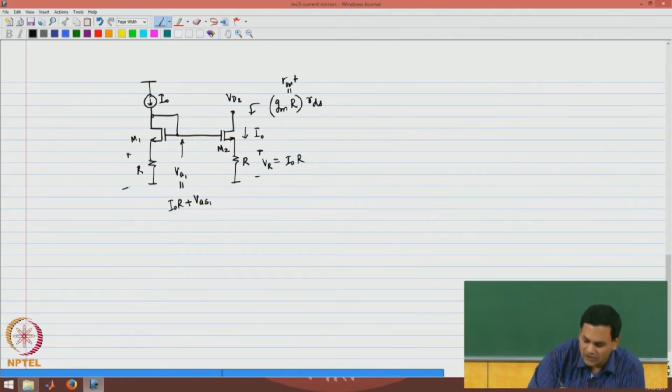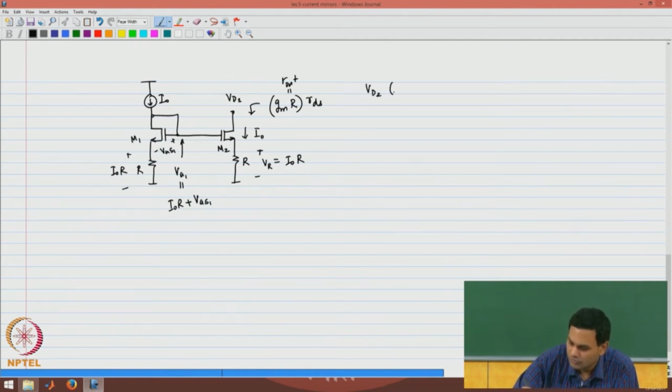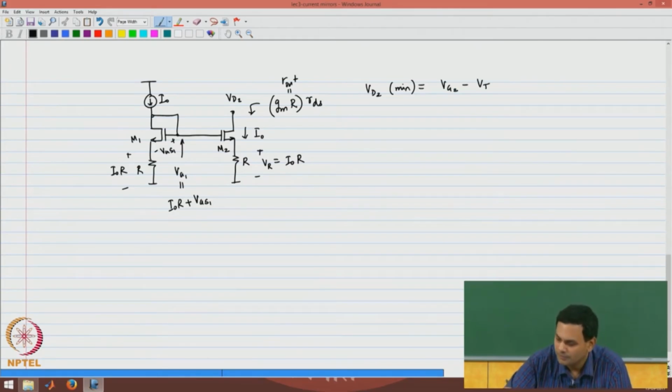Note that I have a voltage I naught R here and I have a voltage VGS1 here. So, at the gate of M1 and M2, I will have a voltage which is I naught R plus VGS1, and therefore, the drain voltage can only have a minimum value of VG2 minus VT, i.e. it is VGS1 plus I naught R minus VT.